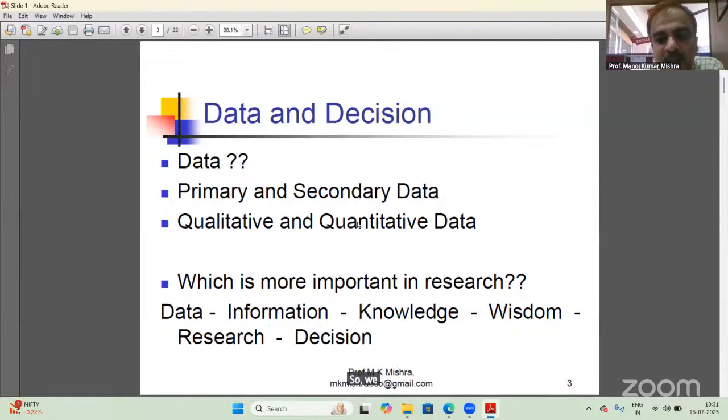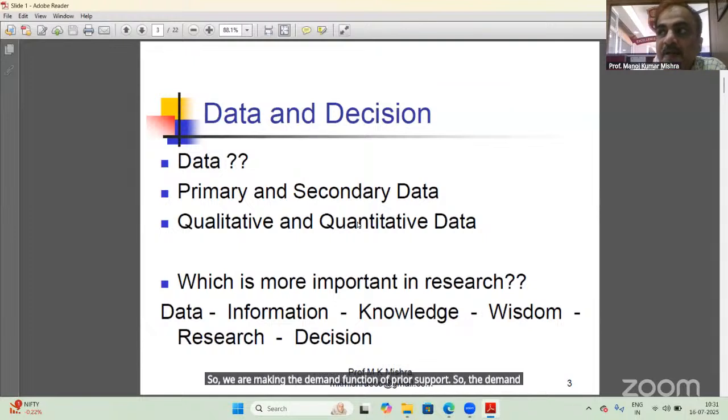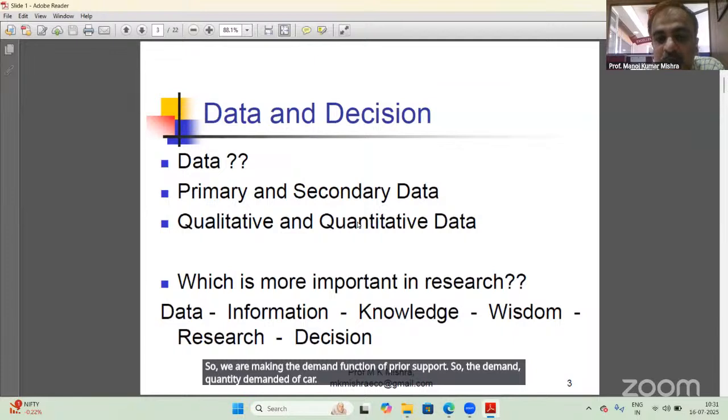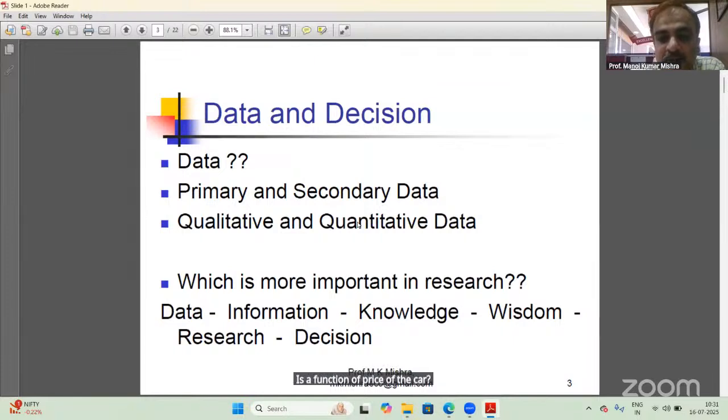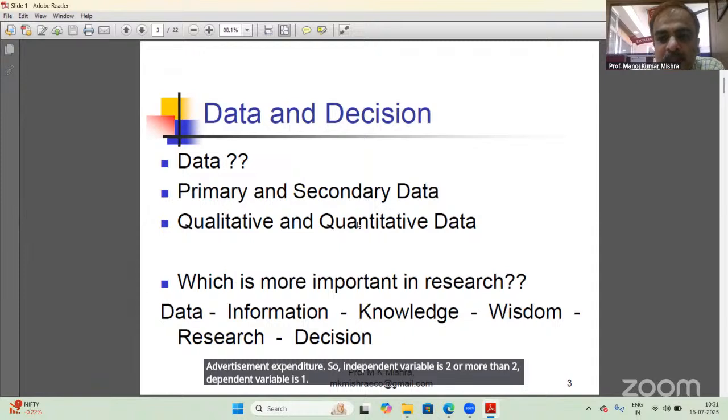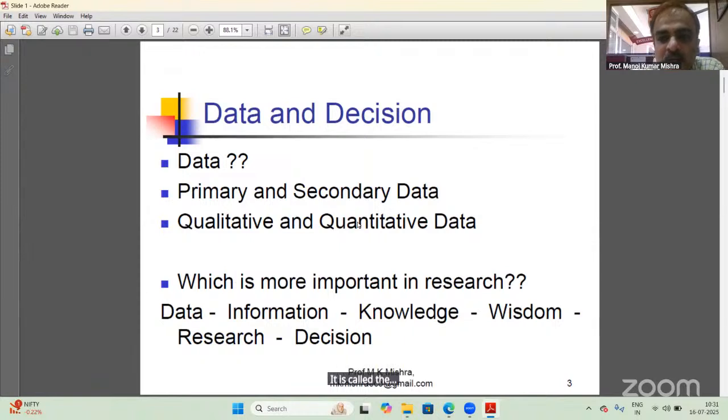So suppose we are making the demand function of a car. The quantity demanded of the car is a function of the price of the car, consumers' income, price of petrol, price of the car produced by another company, and advertisement expenditure. So the independent variables are two or more, and the dependent variable is one. It is called the multiple regression function. It is also a linear function.